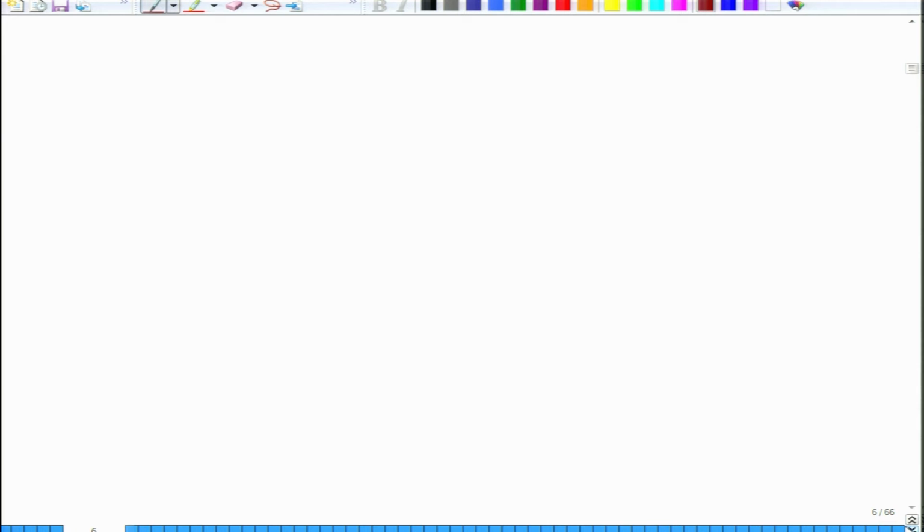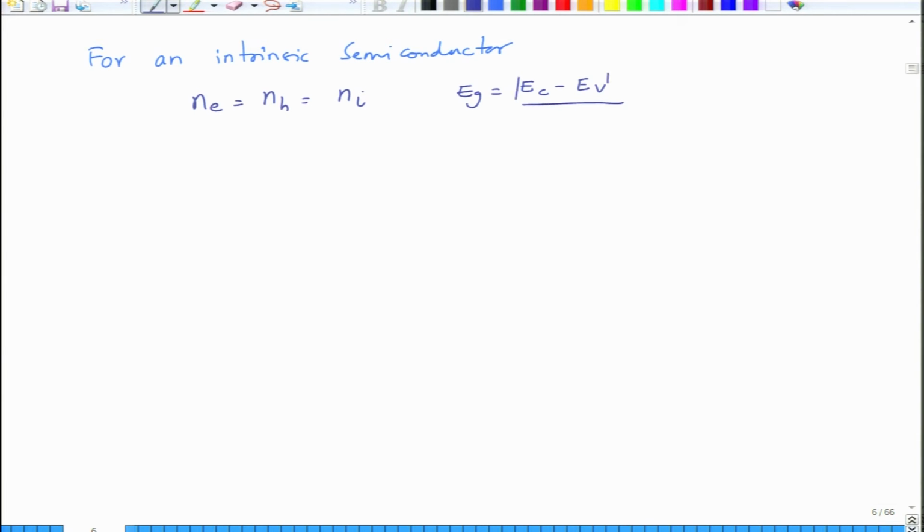So now what we do is that we say that for an intrinsic semiconductor, Ne is equal to Nh, this is taken as Ni, okay, and Eg is taken as the difference of Ec minus Ev, okay. So you can take mod of this basically.